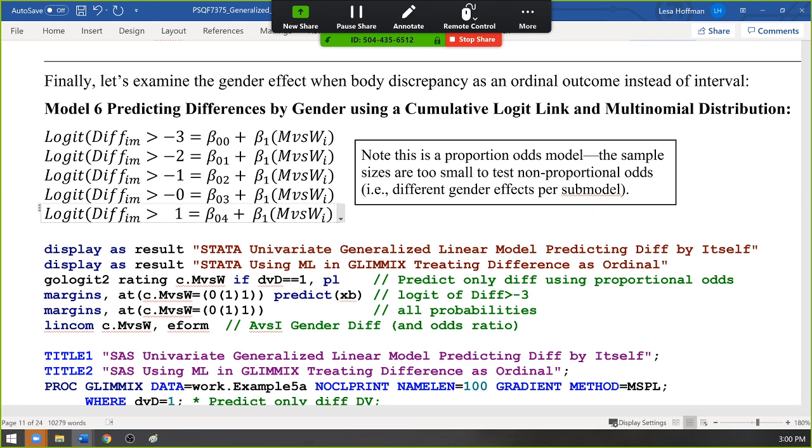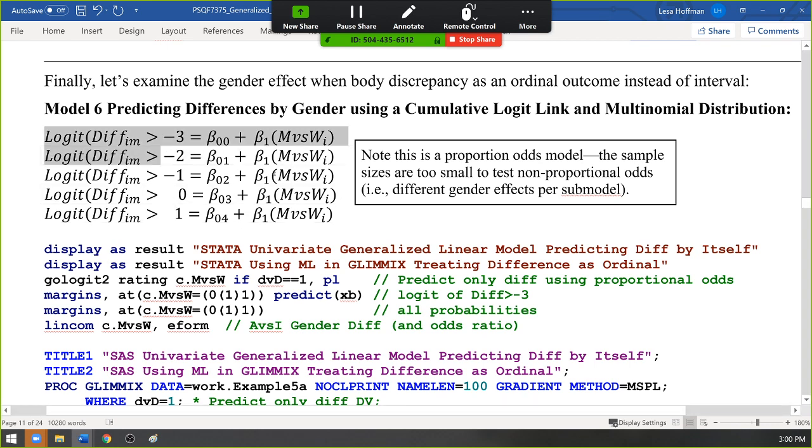There we go. People thought that they should be 3 units smaller, 2 units smaller, 1 unit smaller, that they should be fine, 0 discrepancy. Another copy paste error here. Or that they should be 1 unit bigger. So we can treat that difference as ordinal.